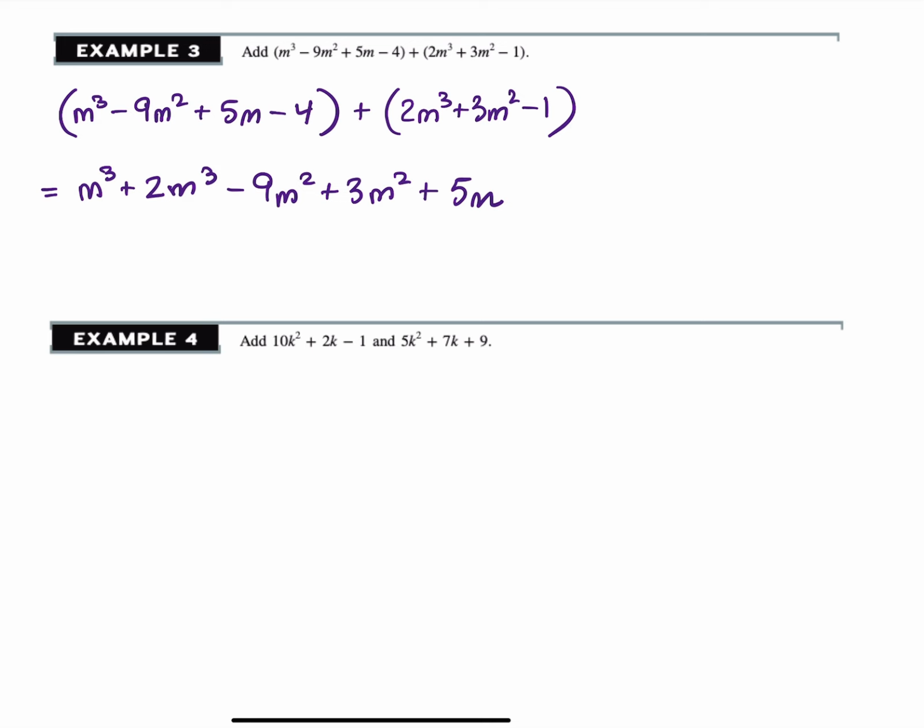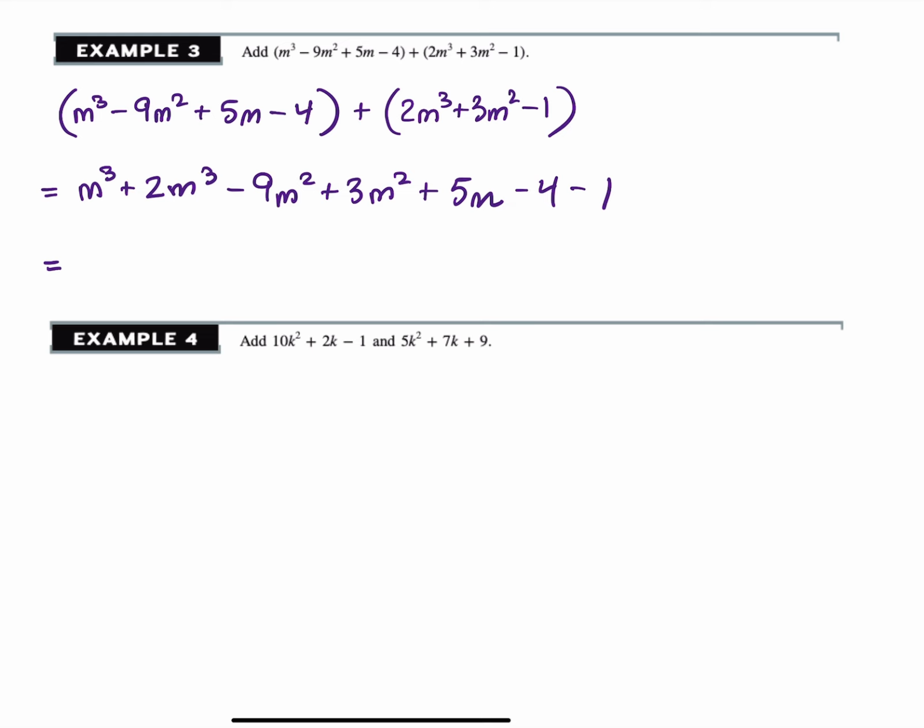There's no other term with m to the first power, so that one's on its own. Then we have minus 4 minus 1. So I'm just rearranging things so that I can add my like terms together. This helps me see what will combine.